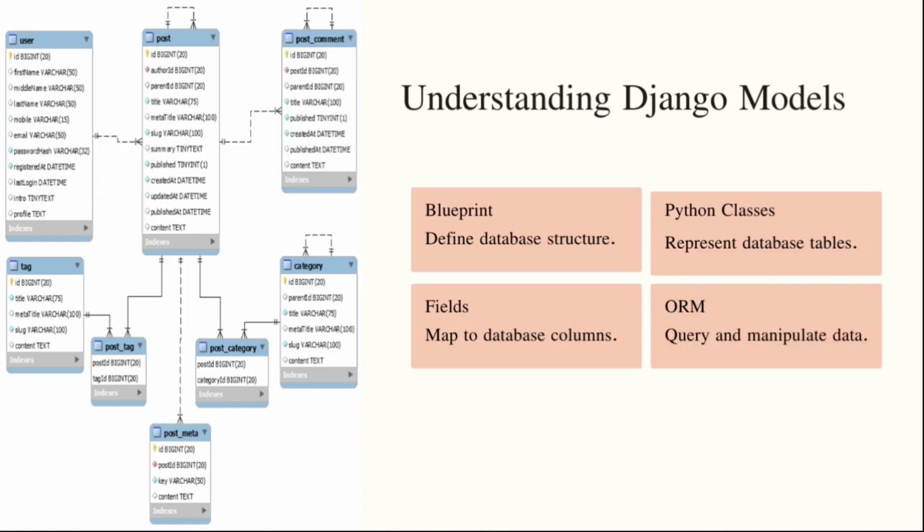Django also provides an ORM, or Object-Relational Mapper, which allows you to interact with the database using Python code. Instead of writing complex SQL queries, you can fetch data, save new entries, and update records with intuitive Python commands.